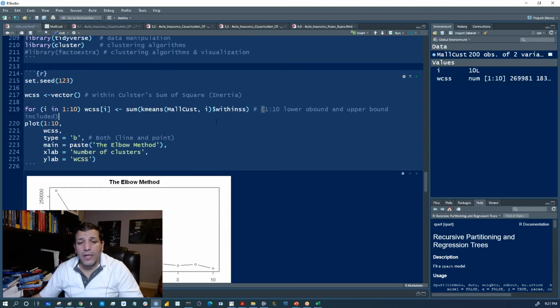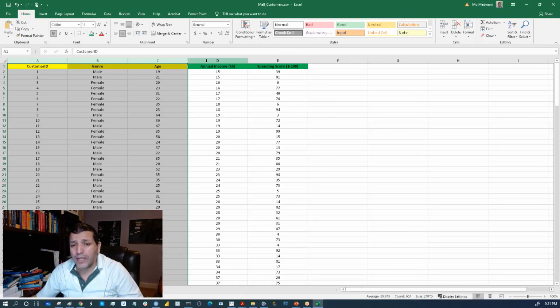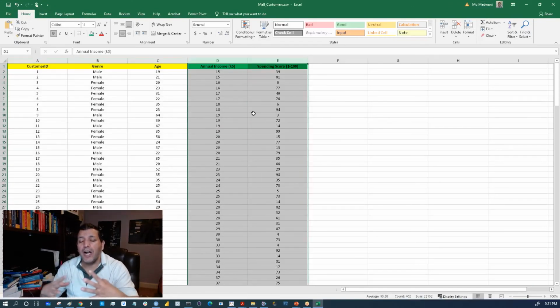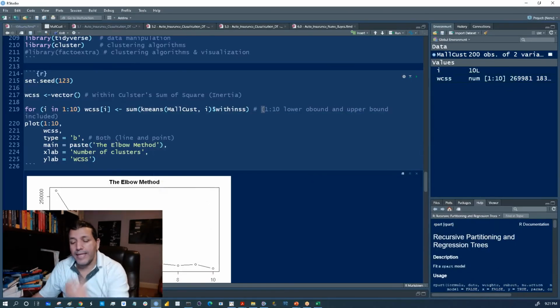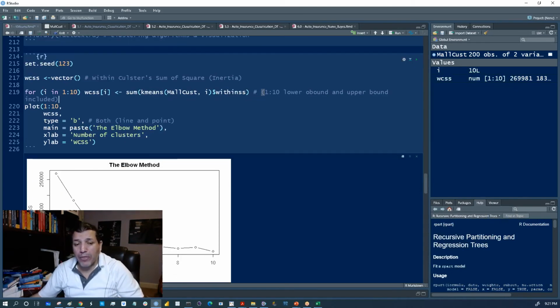This method here simply tells us how many groups or segments we could group all the clients into, and this is called the elbow method. Based on the elbow method, which uses Euclidean distance, it finds that all these clients could be split into 5.